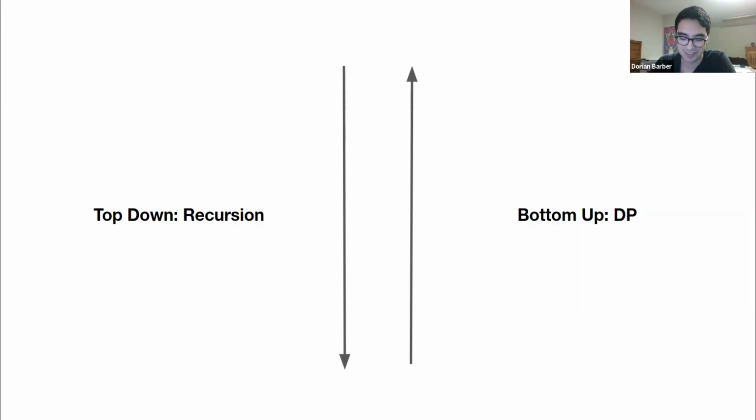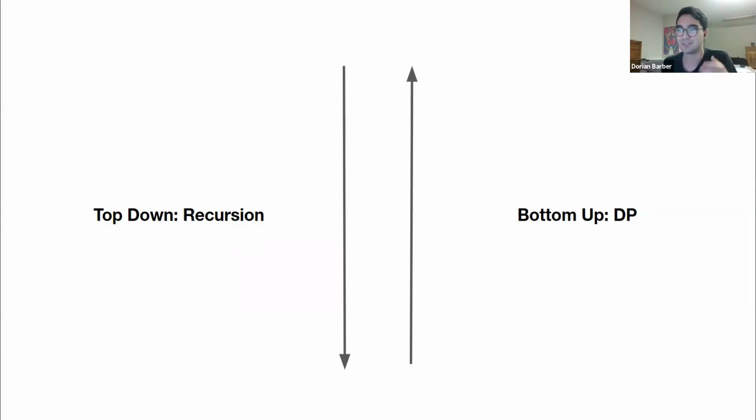If you were to look this up, there might be some confusion between what is top-down and what is bottom-up. Is recursion only top-down? Is dynamic programming only bottom-up? For the sake of this session, I'm going to say that bottom-up and dynamic programming is separate from top-down and recursion. I'll explain a little bit more why I'm making that distinction in a bit.